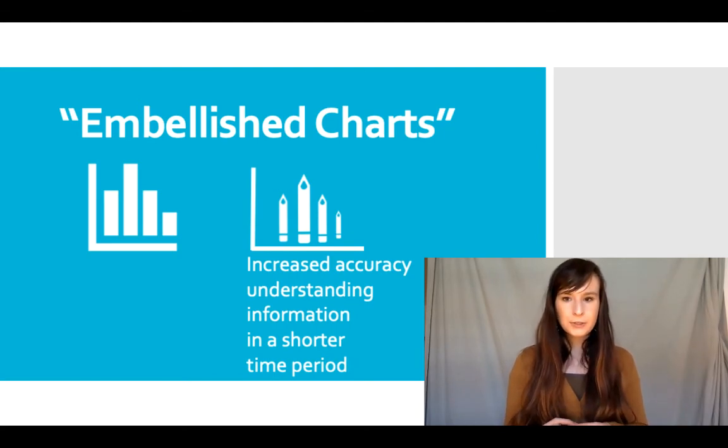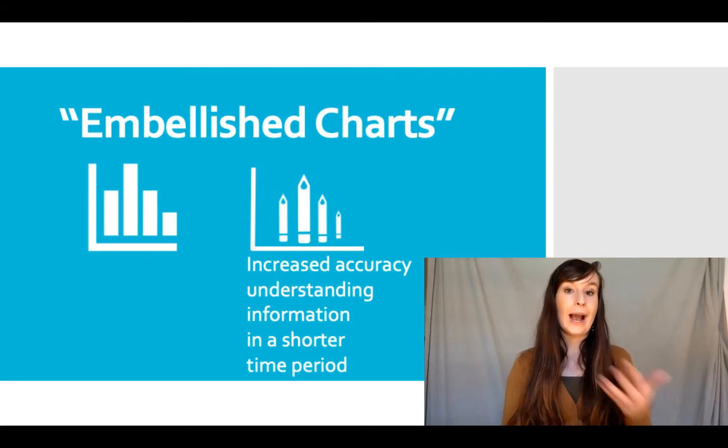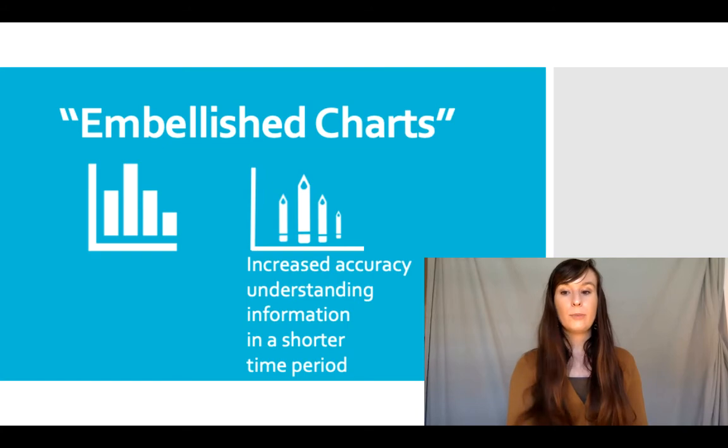What researchers found was that with the embellished visualizations, people were able to recall the information better than with the normal bar chart. They had increased accuracy, so they remembered things more accurately than with a normal bar chart. And they also did this in a shorter time span compared to our normal bar chart data visualizations.